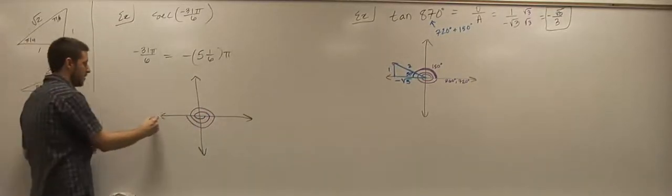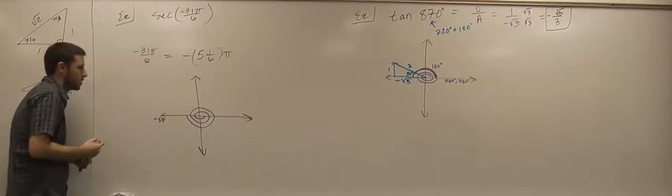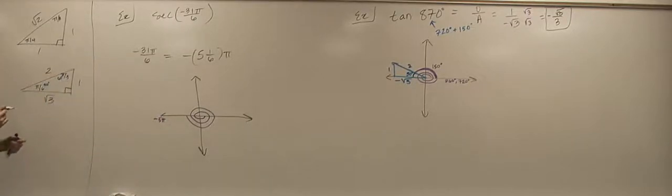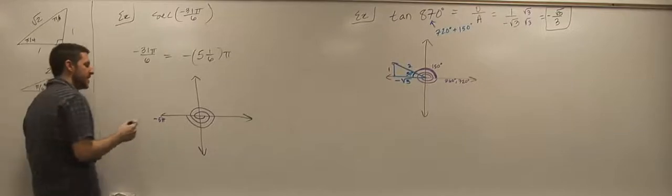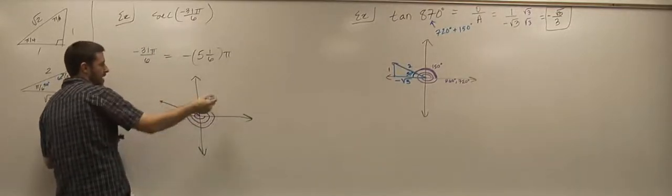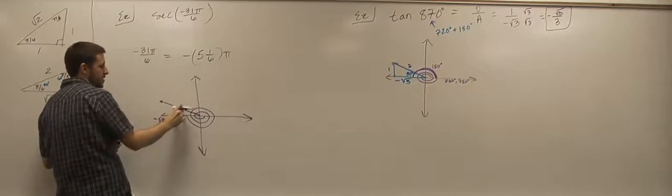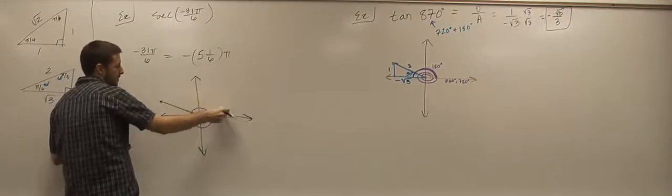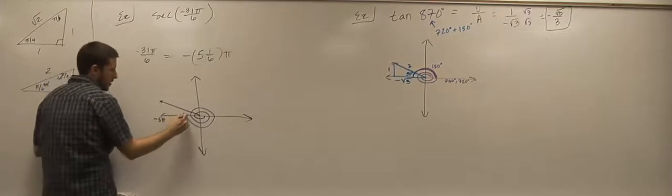Lands me right here. But then I also have to go an extra pi over 6. So I break my top pi into 6 equal sectors. 1, 2, 3, 4, 5, 6.